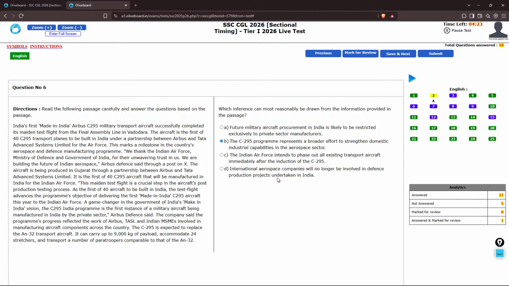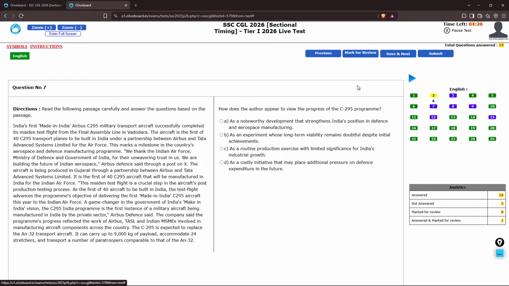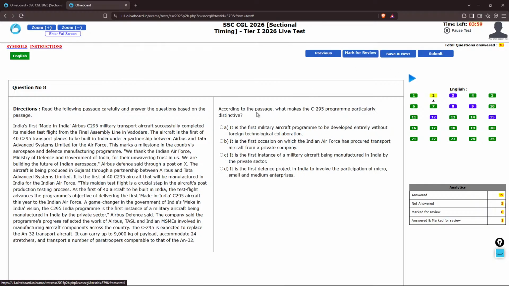No. International aerospace companies will no longer be involved. How does the author appear to view the progress? As a noteworthy development that strengthens India's position in defense. An experiment whose long-term future remains doubtful, no. A routine production exercise, a cost initiative, no.